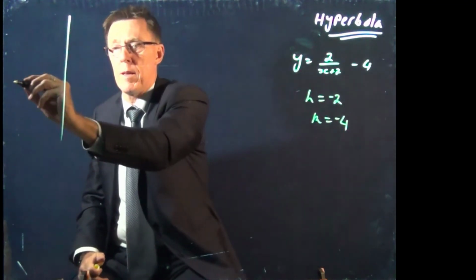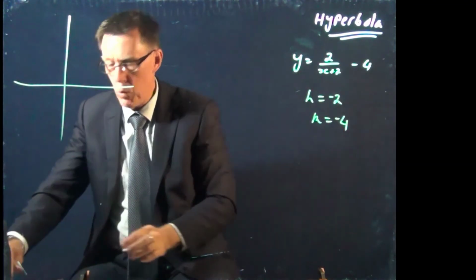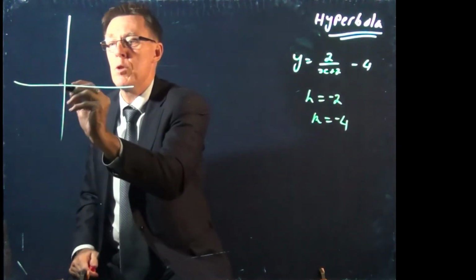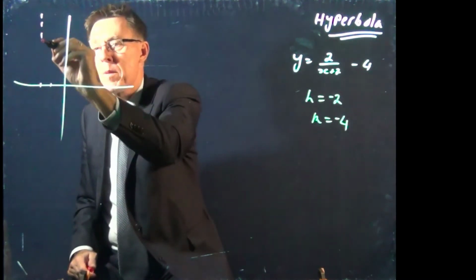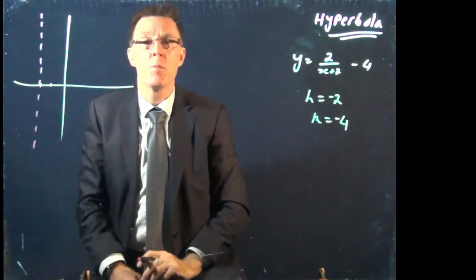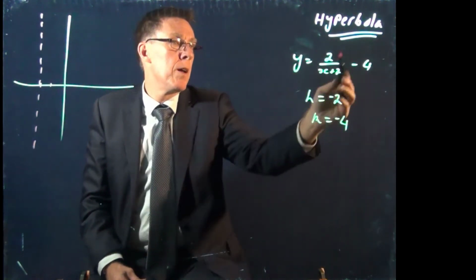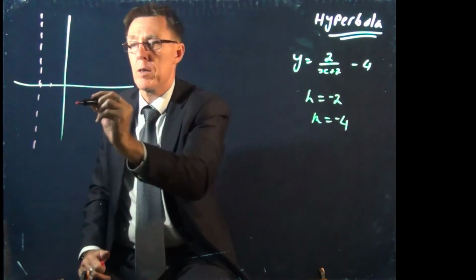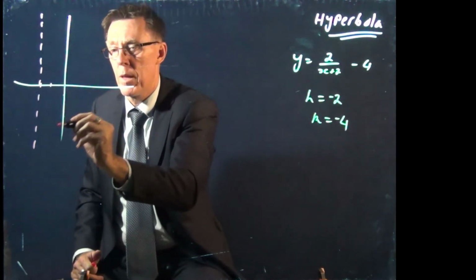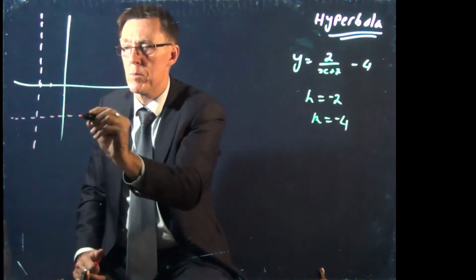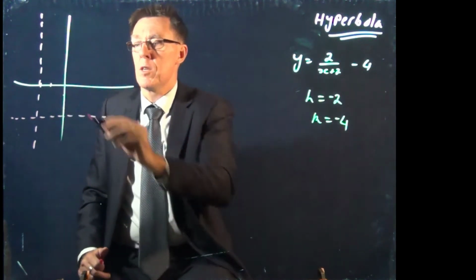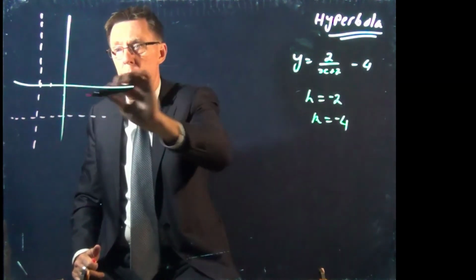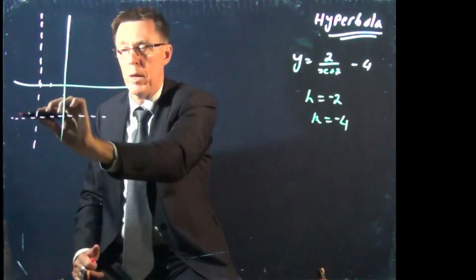There's my normal x and y axes. I go to -2 now on the x-axis. There's my vertical asymptote. The number on the end, -4, shifts the curve up and down. That's the k value. So I now go down to -4, and that's going to be my horizontal asymptote. And so my curve is going to be drawn one here, one here.